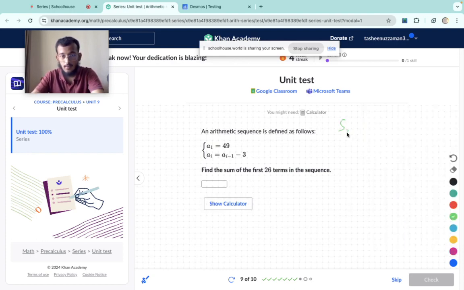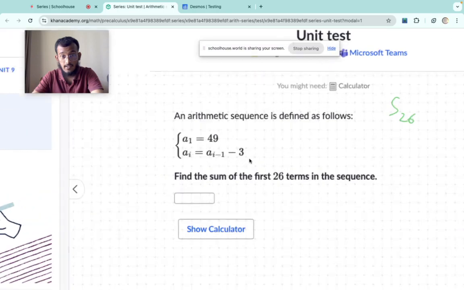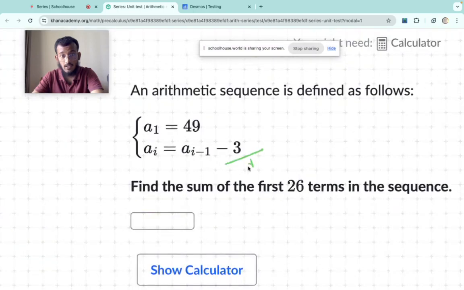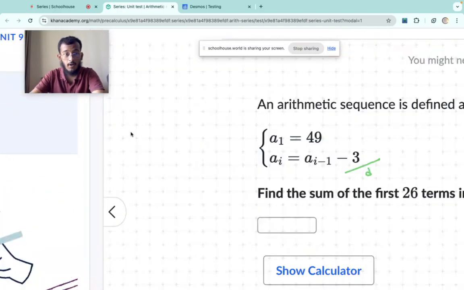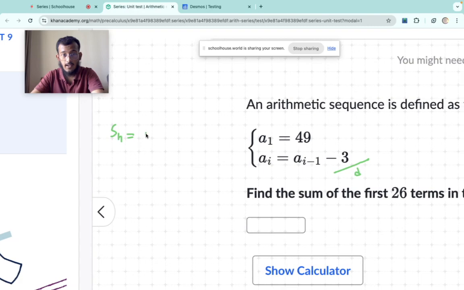We know the first term is 49, and this is an arithmetic sequence, where d, the common difference, is negative 3. The formula for Sn, the sum of terms in an arithmetic series, is the first term plus the last term, divided by 2, multiplied by n.